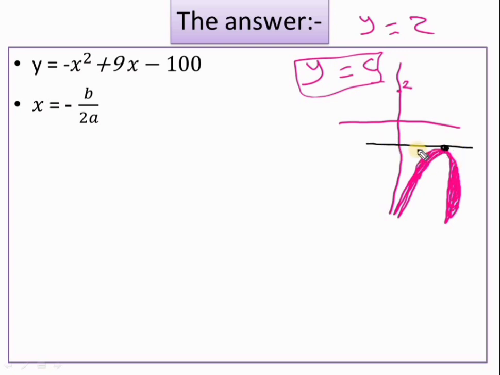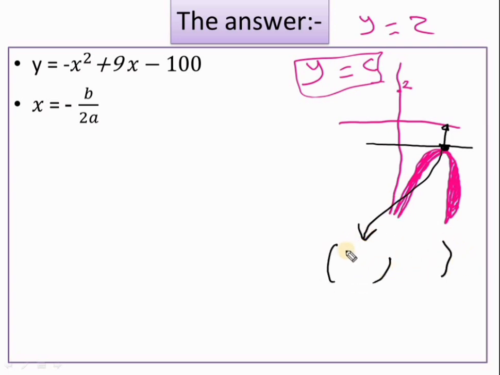So this is the question, and now the question asks what is the value of the y coordinate of this point? If you get it, that means you get c. And all of us know that this point refers to the vertex of the parabola, and I can get the x and y coordinate.